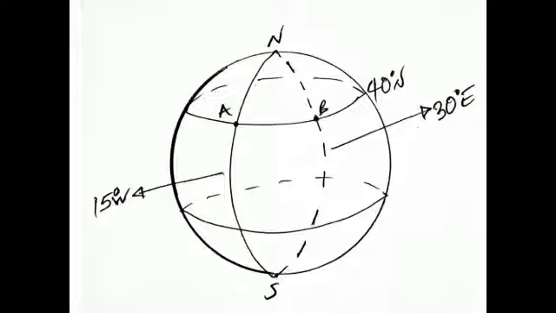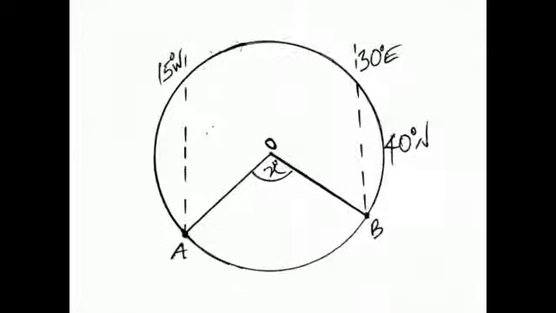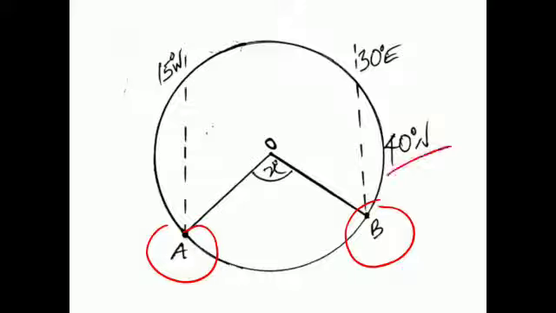The next diagram is showing a latitude 40 degrees north, and points A and B are lying on it. So let's look at this. What I've drawn here is latitude 40 degrees north. You can see the points A and B are still lying on the same latitude, which is 40 degrees north.